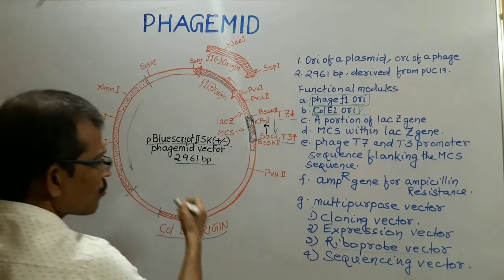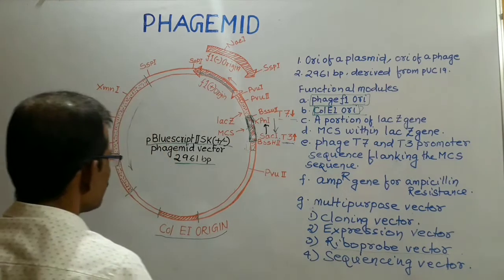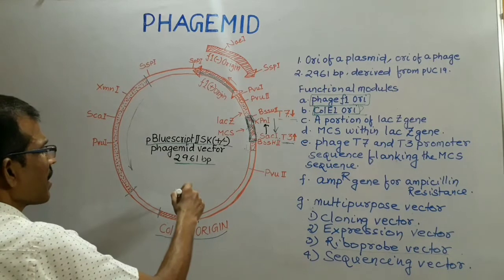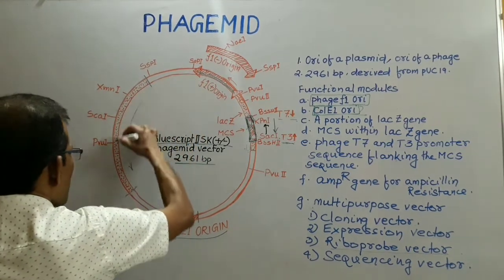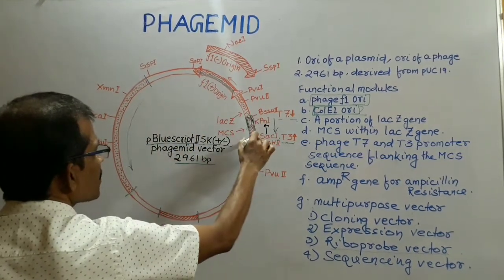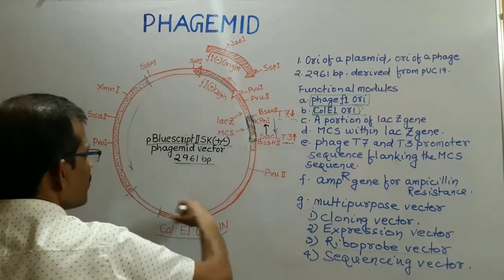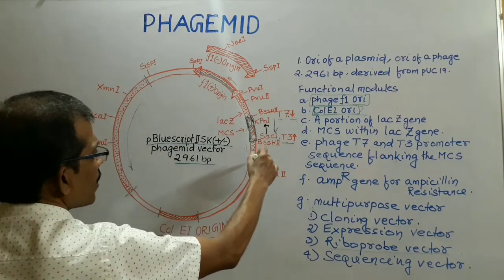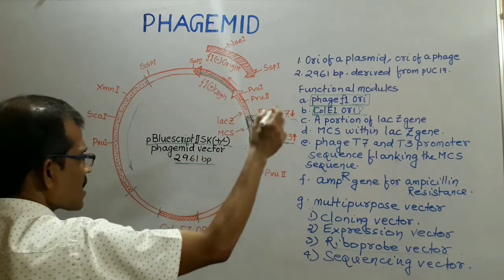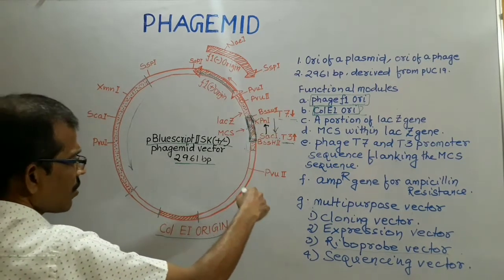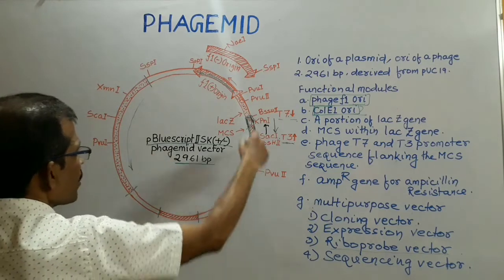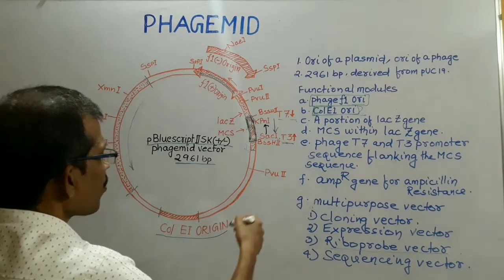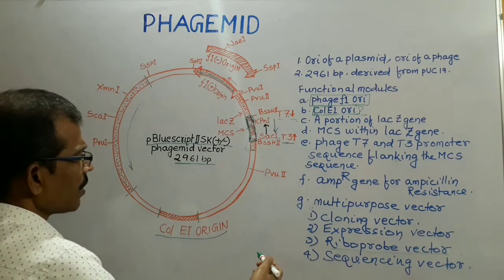Phagemid is also useful as a sequencing vector because by using this Phagemid we can generate the single-stranded copy of the DNA insert as well as that of the vector. To obtain the single-stranded copy, the E. coli that contains this recombinant vector has to be infected by F1 helper phage.